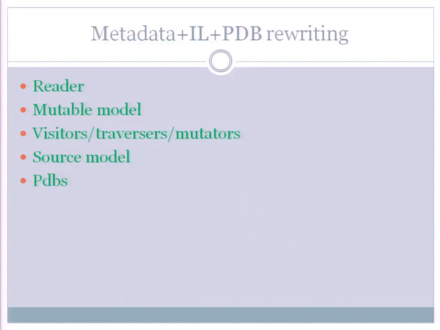Now, once you have an object model, once you've said, okay, this is my object model, this is what I work with, it turns out there's a lot of things you can do. Compilers have to import metadata. So you can just provide a reader that will take a .NET assembly, read it in, and provide you one of these object models.